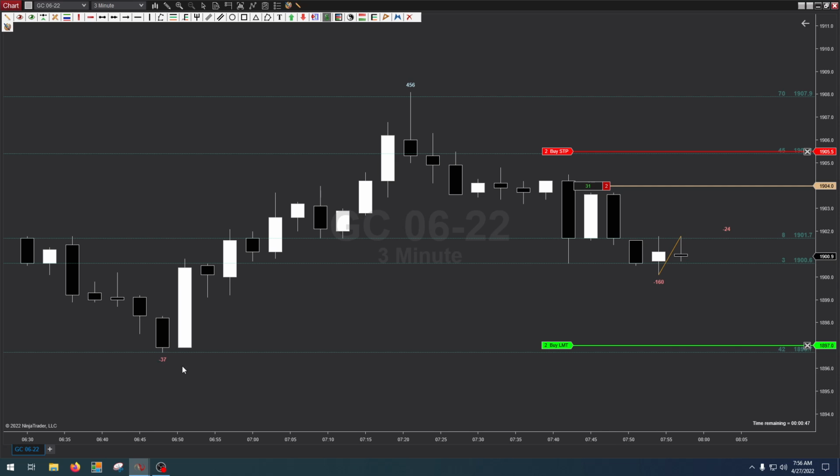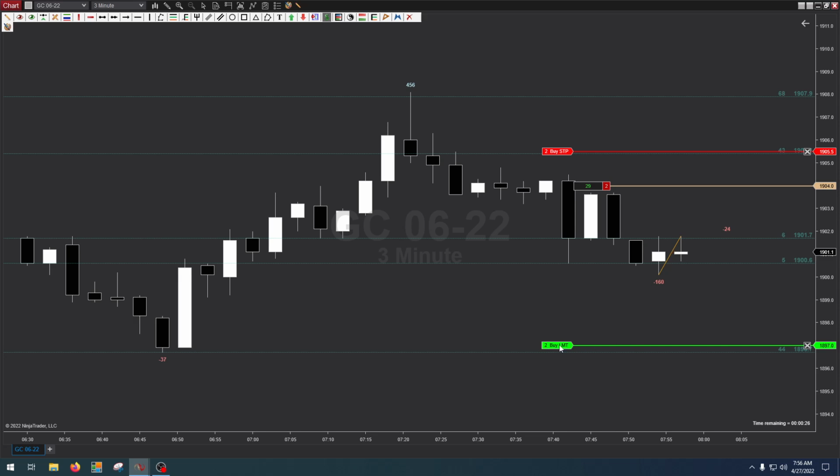And once again, my target's just right here to the left is swing low. That's where my target is. 2 ticks above that, I believe. Three ticks above it. I'll leave it there.